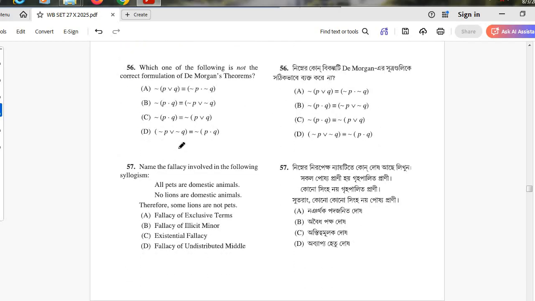Next question, question 56. Which one of the following is not the correct formulation of De Morgan's theorems?